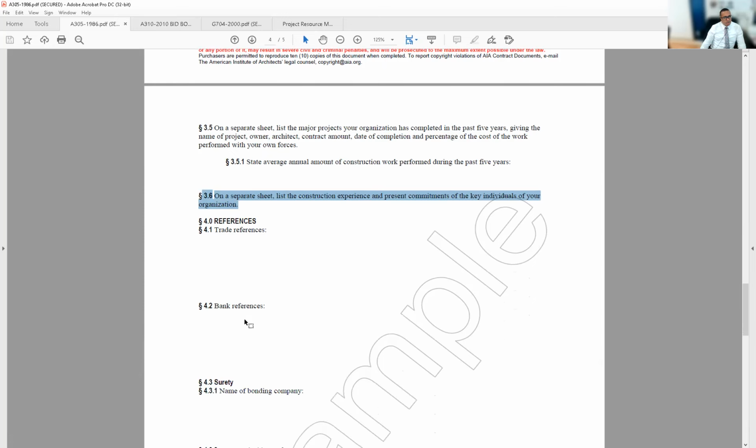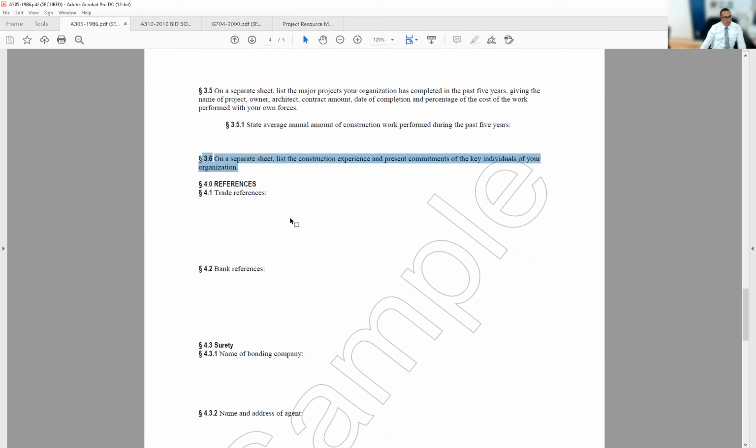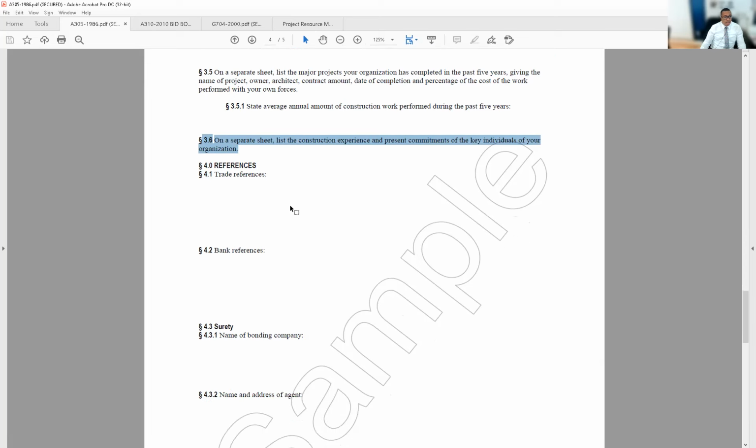So they need to put their references, trade references, bank references, and a list of all of those. Surety. And guys, you probably have heard of surety. The word surety refers to a sort of insurance company that backs you up financially. If you're bonding, you can get a bond, or you can get insurance.